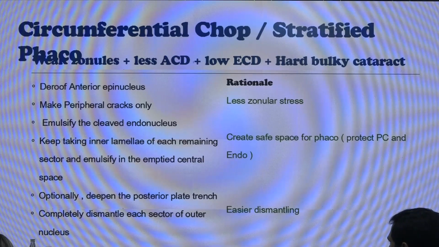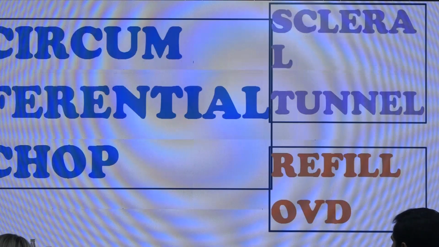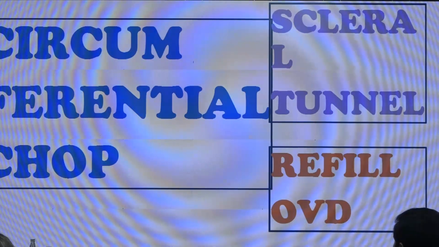Emulsify the cleaved endonucleus. Then, taking the inner lamellae of each remaining sector, you emulsify only the inner lamellae by moving your chopper in a tangential manner and emulsify the emptied central space. Optionally, you can deepen the posterior plate trench later and then completely dismantle each sector of the outer nucleus. So circumferential chop, scleral tunnel, and frequent refilling of dispersive OVD.